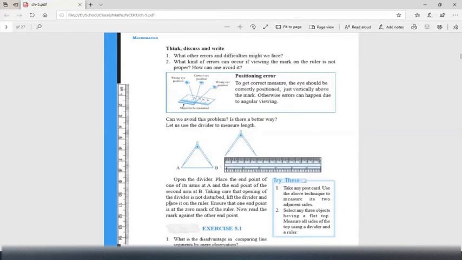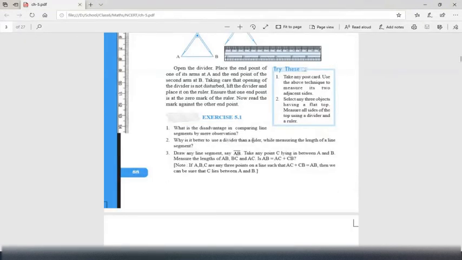Lift the divider and place it on the ruler and show that one end point is at the zero mark of the ruler. Now read the mark against the other end point. Without disturbing the measure of the divider, just place it on the ruler and you will get the same exact measure, and you can say points A and B are that distance apart.